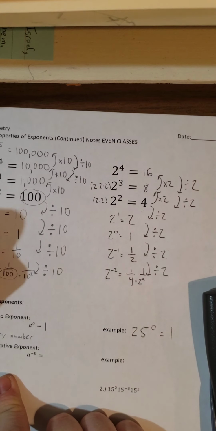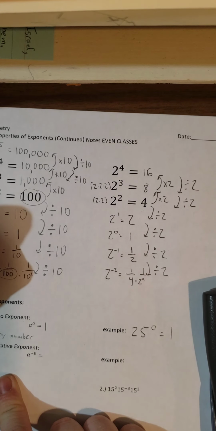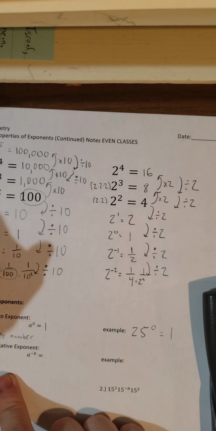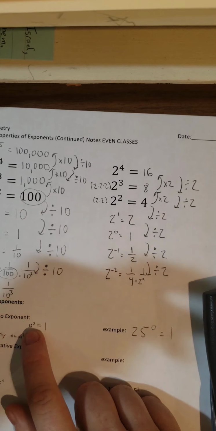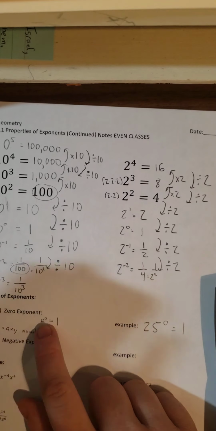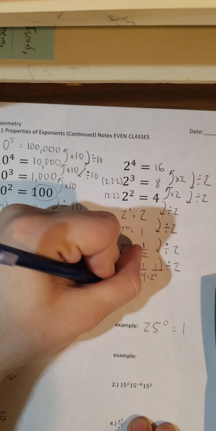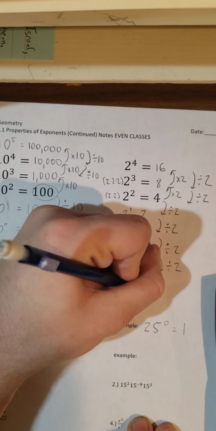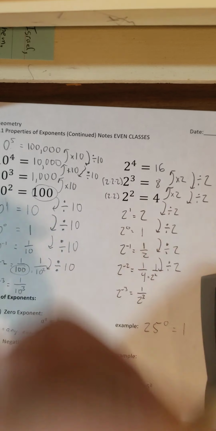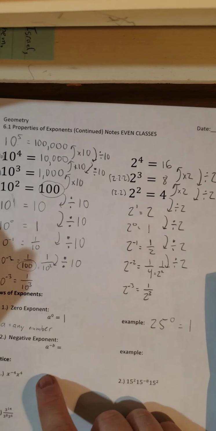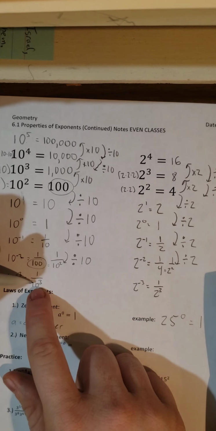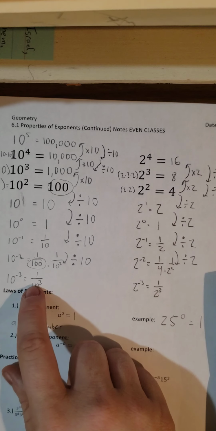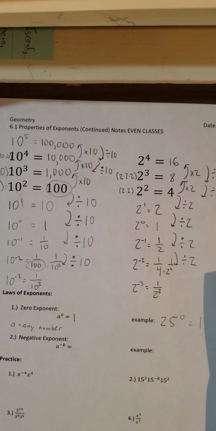And once again, we could continue this pattern. So we could go 10 to the negative 3, and we would end up getting 1 over 10 cubed. And if we do 2 to the negative 3, we get 1 over 2 cubed. Each time we decrease it, we're going to be adding another of the exponent in the denominator of this fraction.